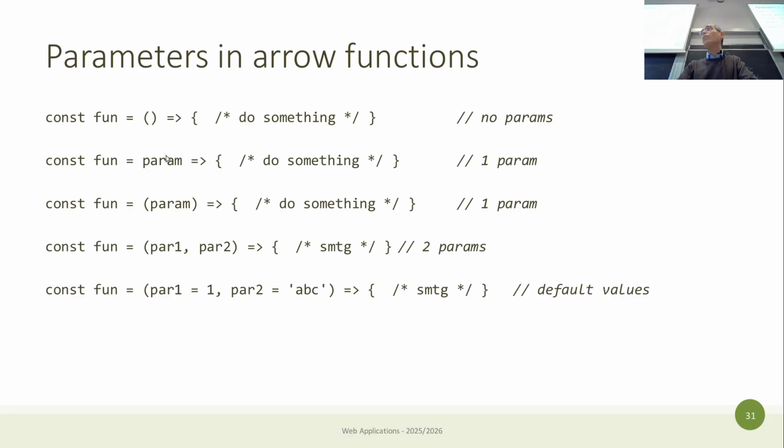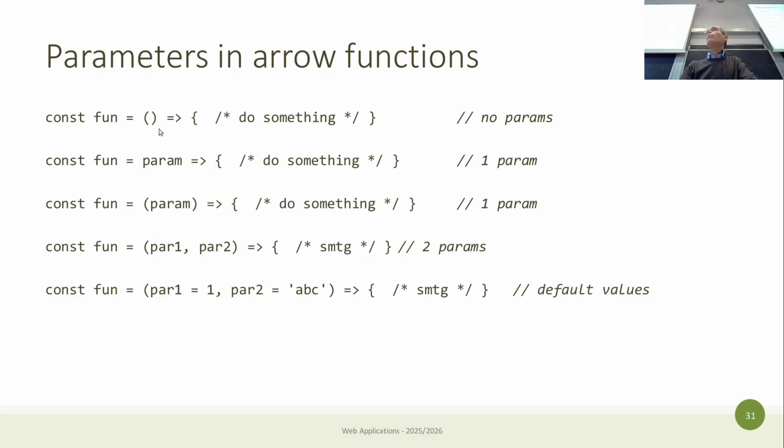Just with the arrow function syntax, you just write the parameter, and then arrow, and then what you want to do. And here as well, you will be able to shorten it even more.